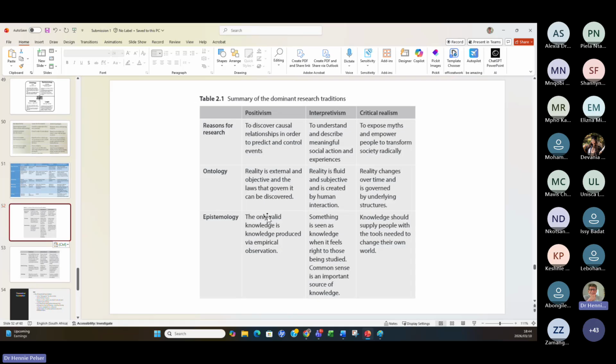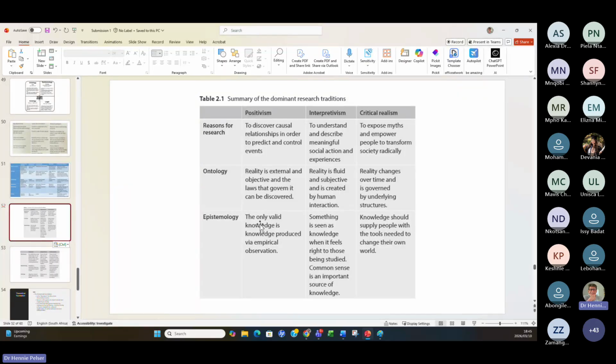Epistemology is about what is valid knowledge. In terms of your positivist approach, valid knowledge is something that is scientifically produced. It is something that is empirically observed and reproduced through numbers and stats.